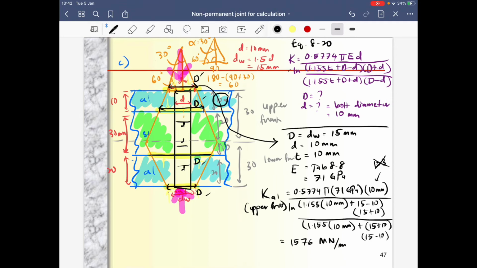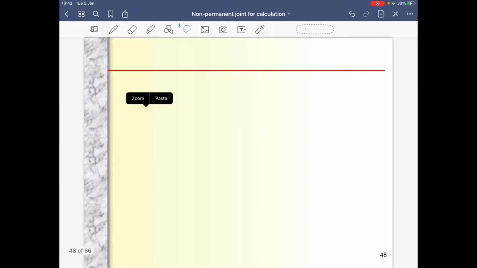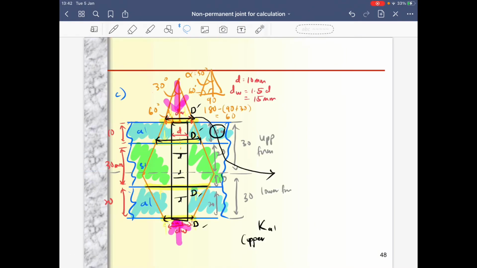How about the second layer? Now we want to move on to the second layer, which is here for the upper frustum. Okay, this is the one from before, don't confuse them. Now we go to the second one, which is here.